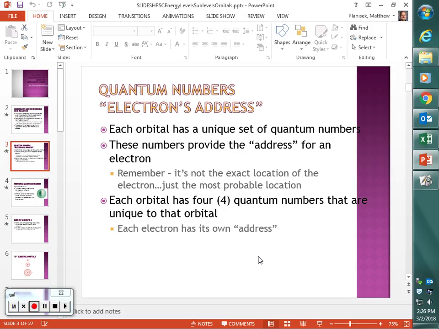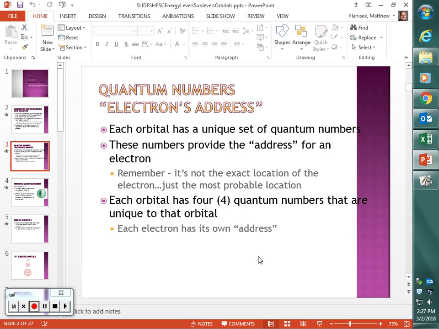We will start working on assigning those quantum numbers today, and what do they tell us, and why do certain orbitals get certain combinations of numbers and such. But think of it like your address. Let's say your address is 123 Main Street, Westlake, Ohio.